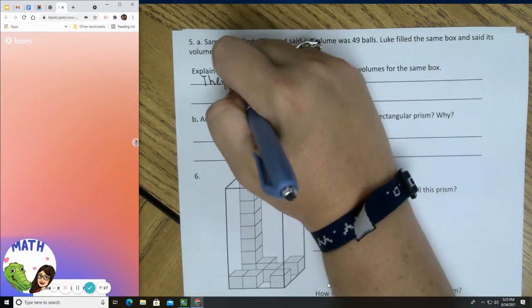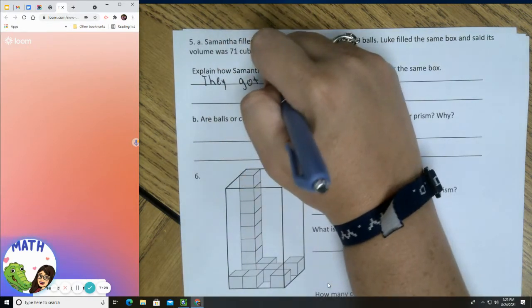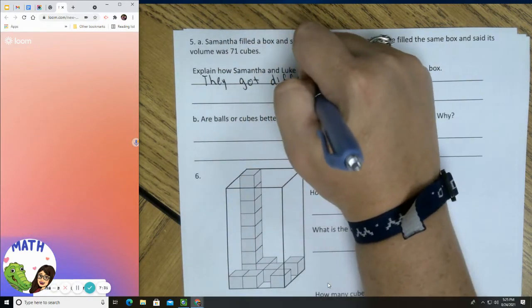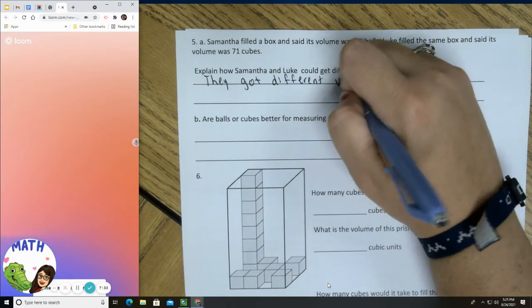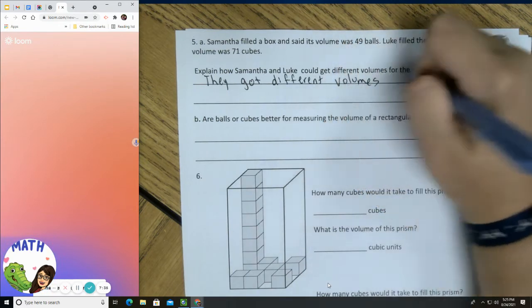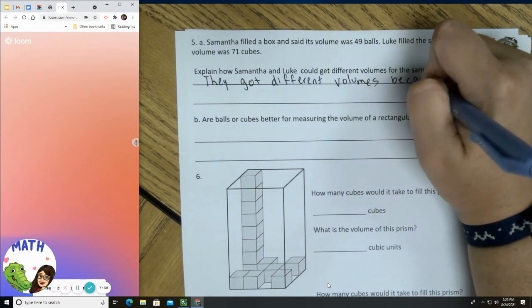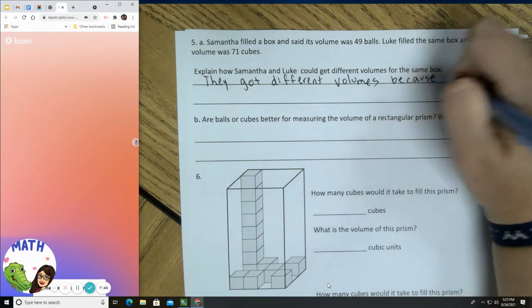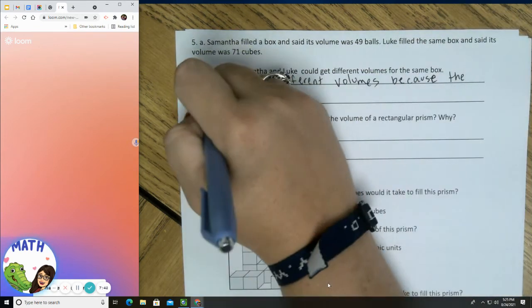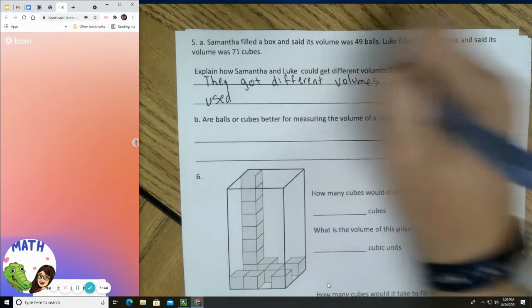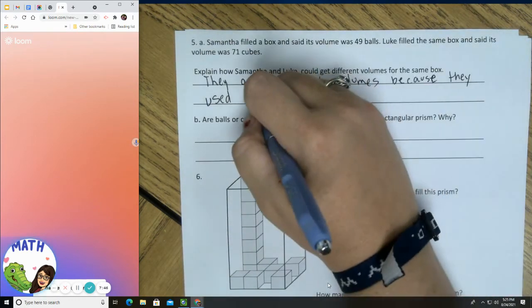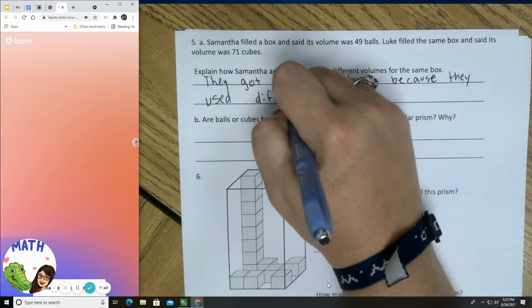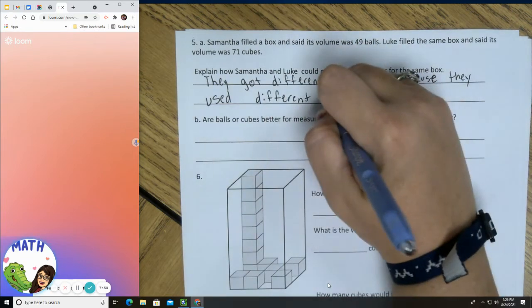They got different volumes because they used different units.